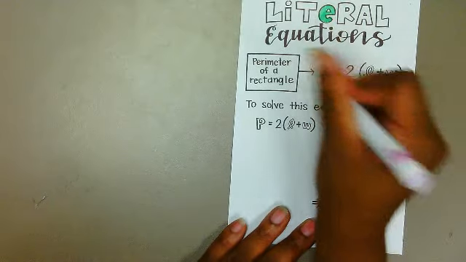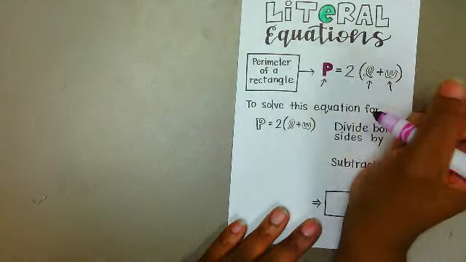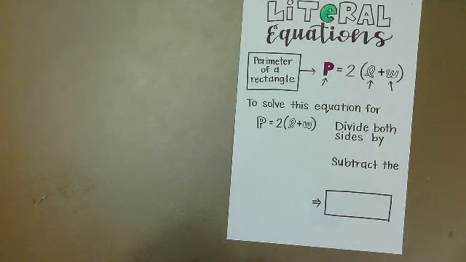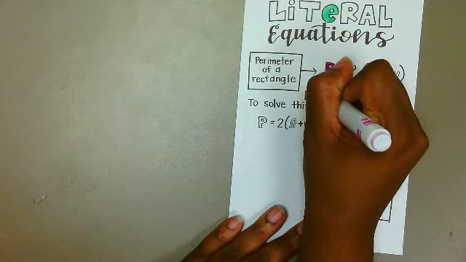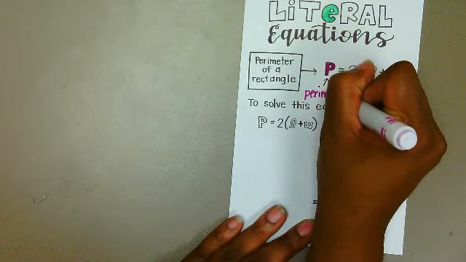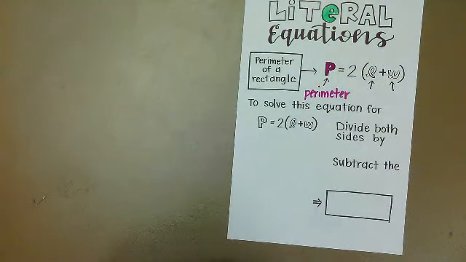Well, let's see if that's what I want you guys to put there, because I feel like I want something else there. So let's just identify all of our variables. This one represents perimeter. And our L is going to represent length. Actually, that color is probably not going to show up well for you guys. So L is going to represent the length.